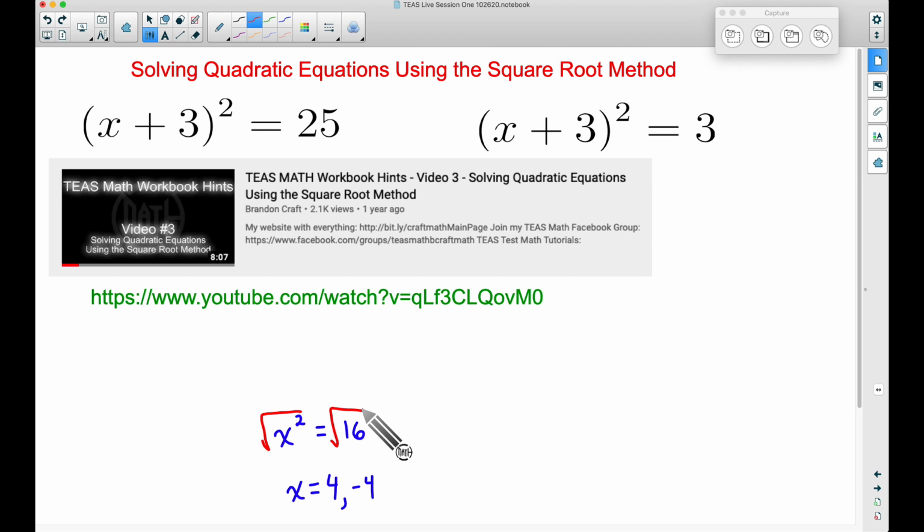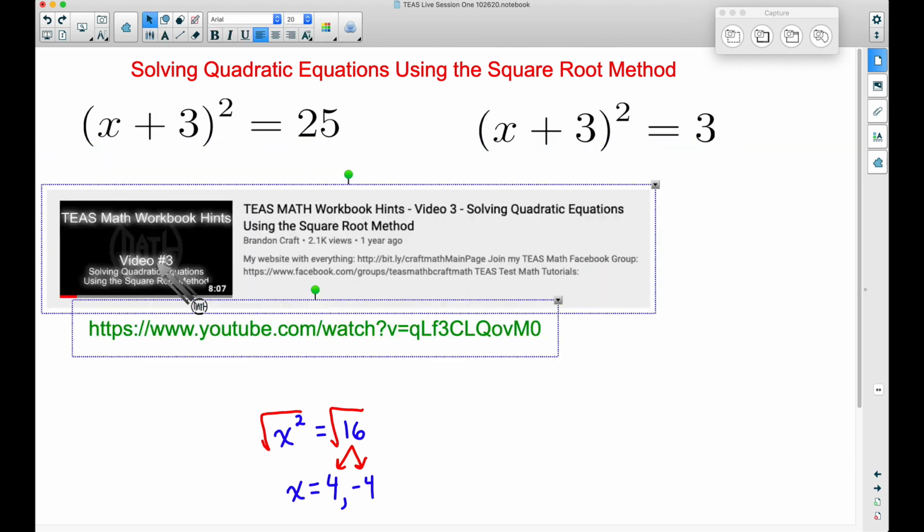Just like the opposite of addition is subtraction. The opposite of multiplying is division. The opposite of squaring something is to take the square root. Now, what you're going to have to remember if you see this question on the TEAS is when you take the square root of 16, just don't forget that it can be two answers, a positive 4 and a negative 4. So with that said, let's jump into this first example.